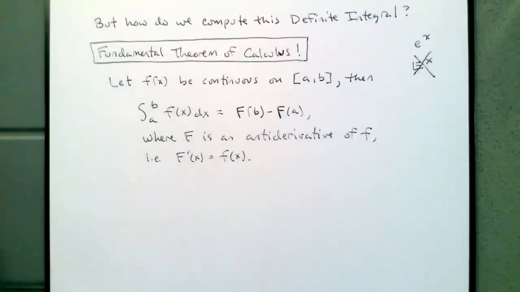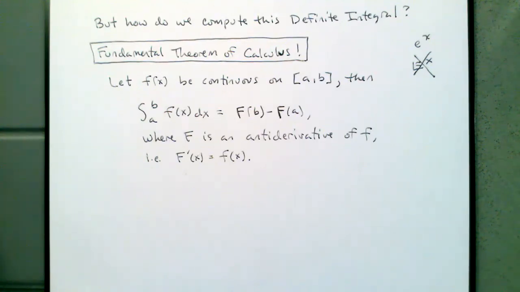Professor Rich, I have a quick question, please. On here, you said F is the antiderivative of the function, and on the bottom, is it the same meaning as F prime of x equals big F of x? I mean, f of x. So it's the same meaning, isn't it? Yes. I'm saying capital F is an antiderivative of little f, and that means capital F prime is equal to little f.